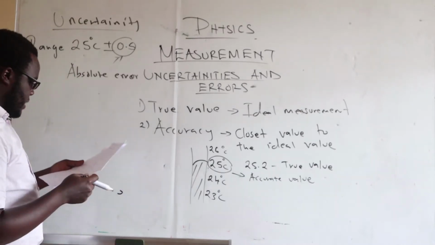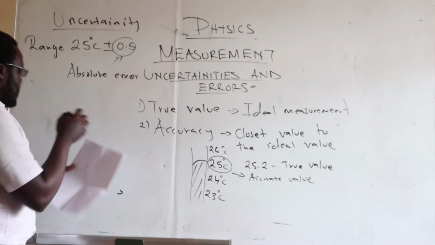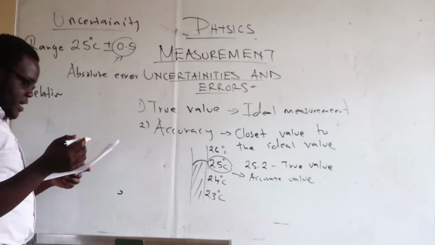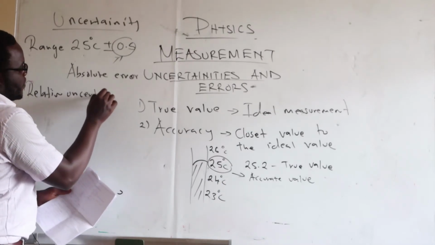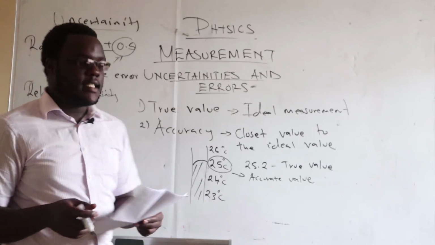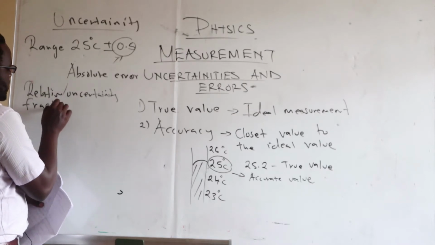From the absolute error, you can now get what we call relative uncertainty, also known as fractional uncertainty.